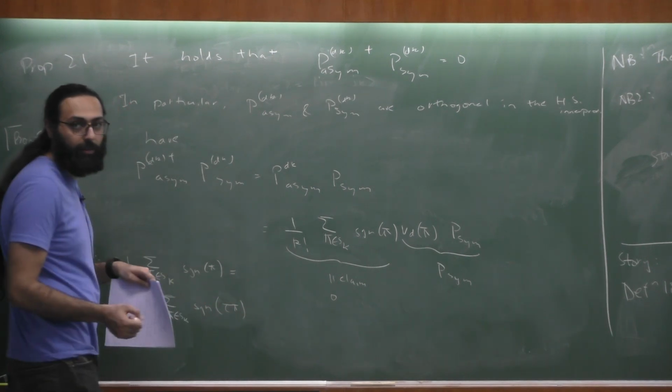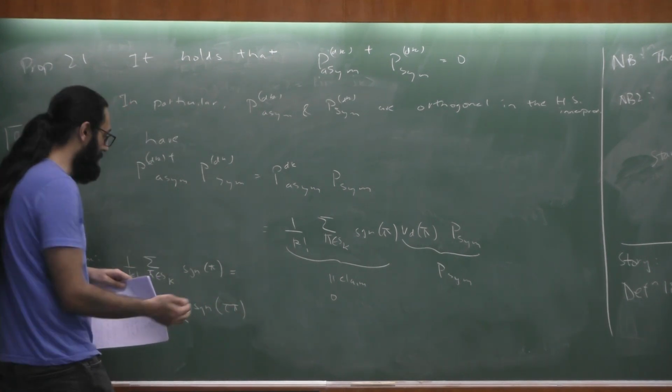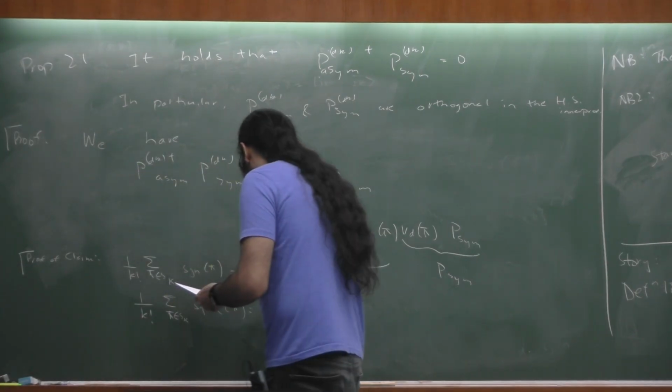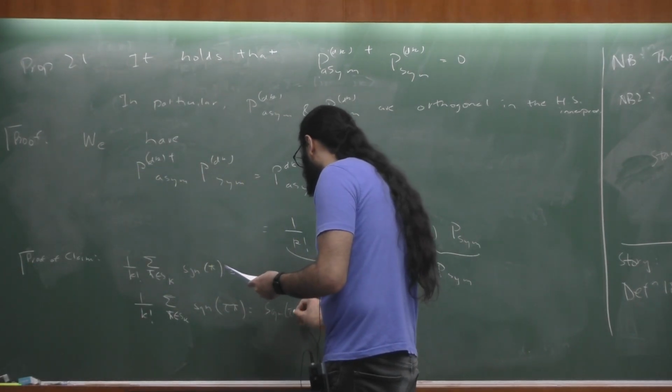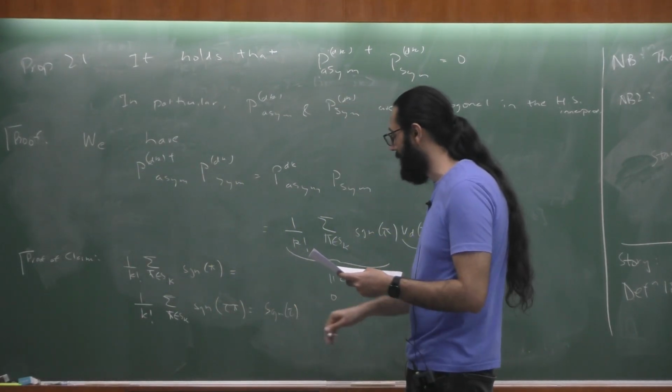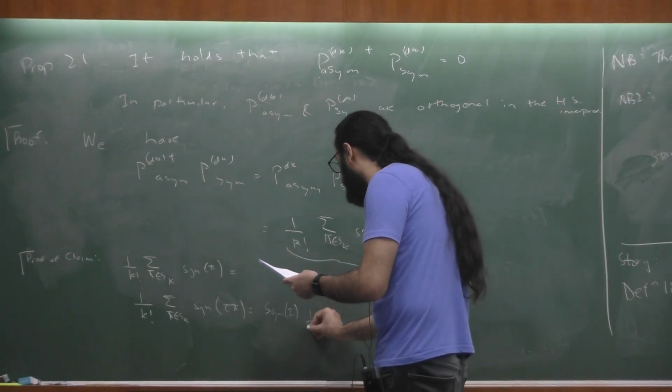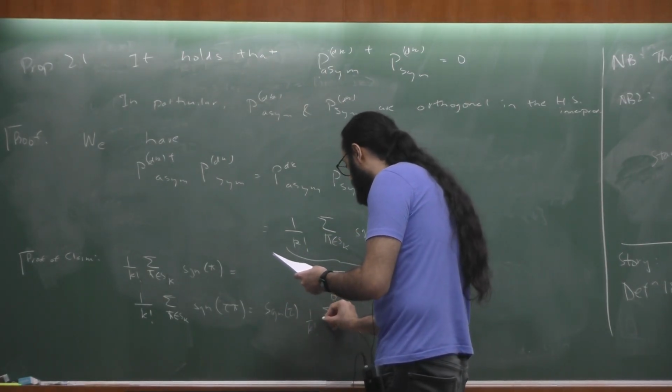It's just a change in the summation index, so we've not done much. We just added some explicit tau, and this is going to be the same as the sign of tau, right? Because sign of a times b would be sign of a times sign of b, right? So you get the remaining thing back.